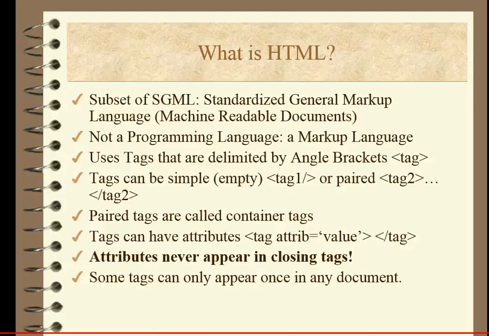So if you look here on the third line from the bottom where it says tag attribute equals value and then closing tag. So again, you see that the closing tag there that starts with the slash matches the opening tag, and then the attributes are only in the head or opening tag. Okay? So you never have any attributes in closing tags.